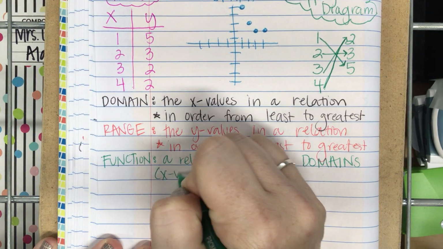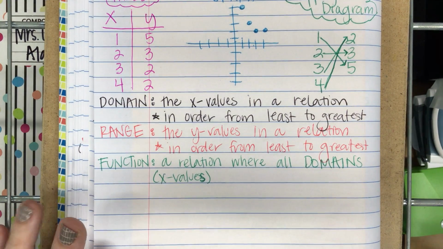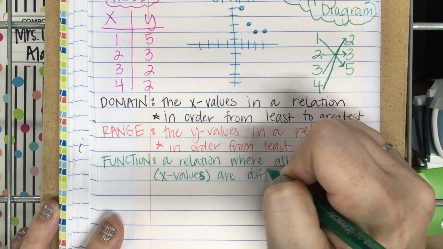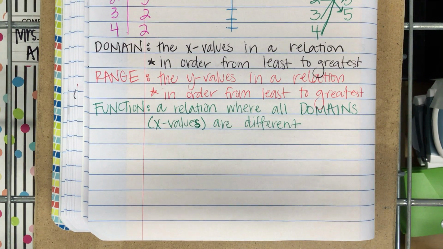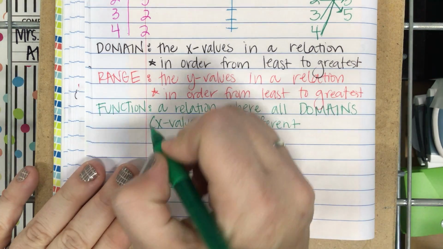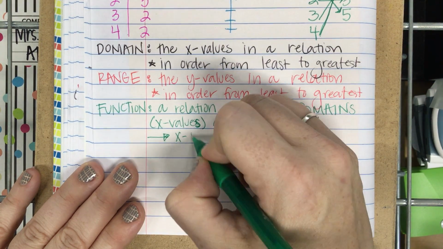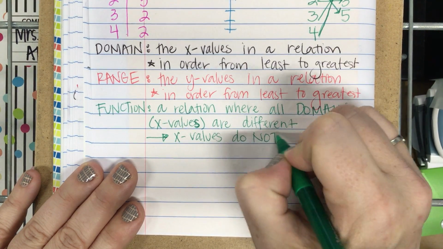X values. Are different. A relation where all domains, X values, are different. That means the X values do not repeat.